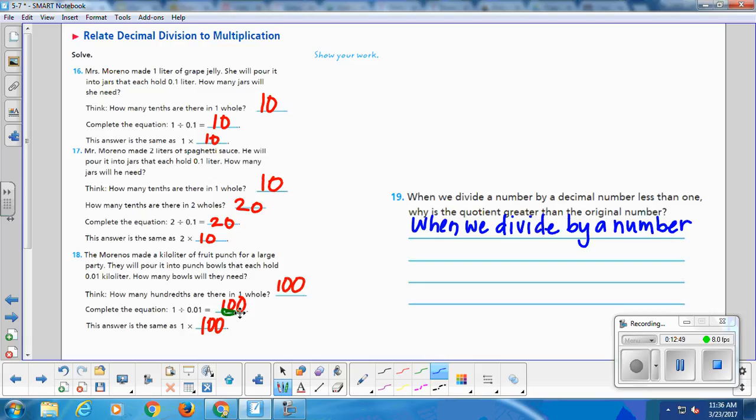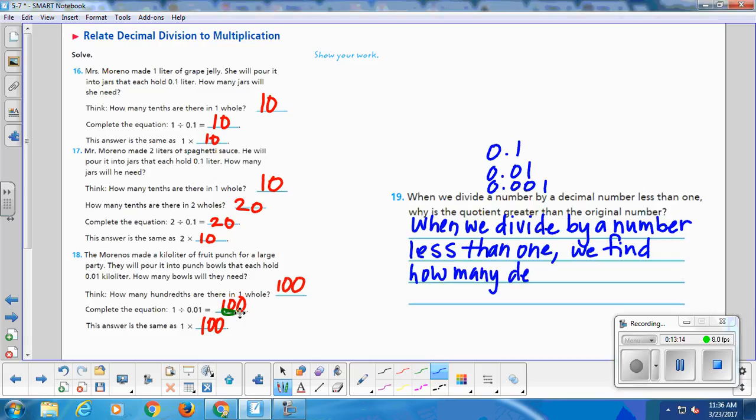When we divide by a number less than 1, again, a tenth, a hundredth, or a thousandth, we find how many decimal parts are in the number we are dividing.